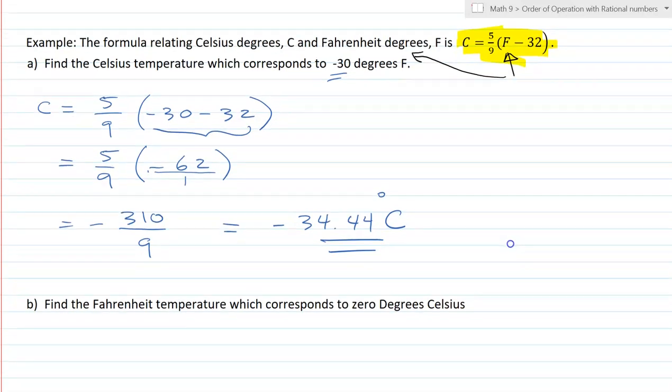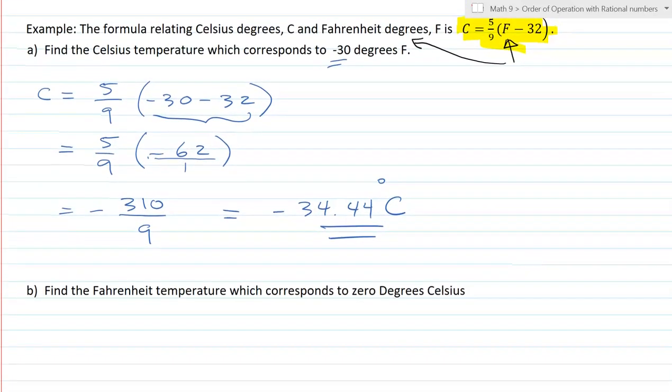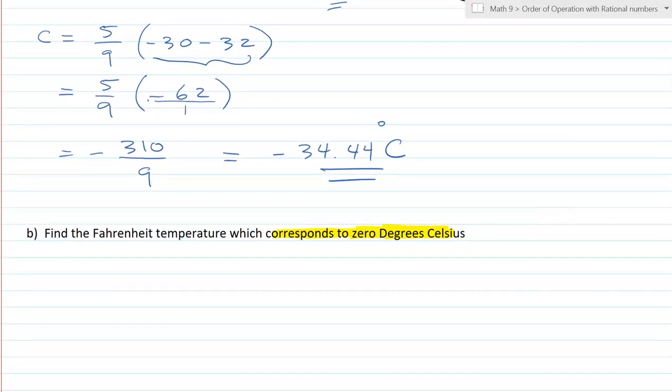Now, the next part is the other way around. Suppose you're given the Celsius degrees of 0, and you want to find the corresponding Fahrenheit degrees or Fahrenheit temperature. So now we have the formula, and it stays the same. The formula doesn't change. All right, so let's go through.